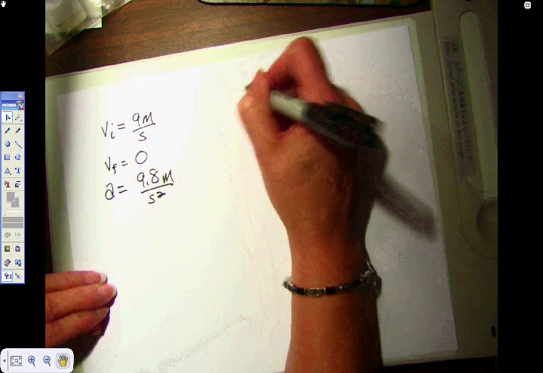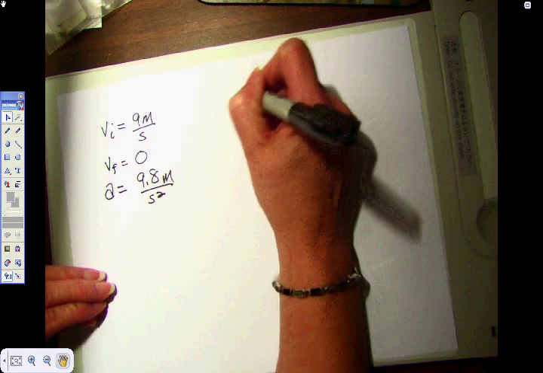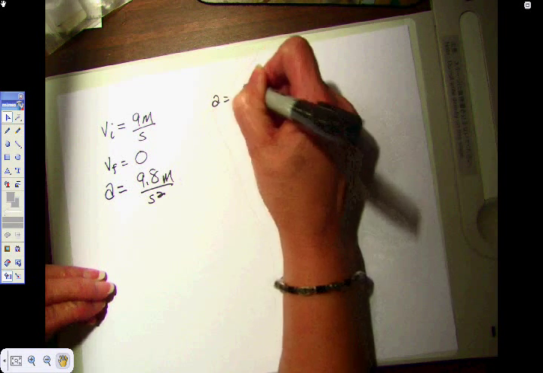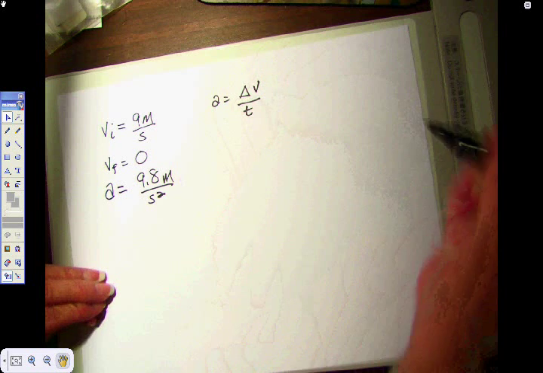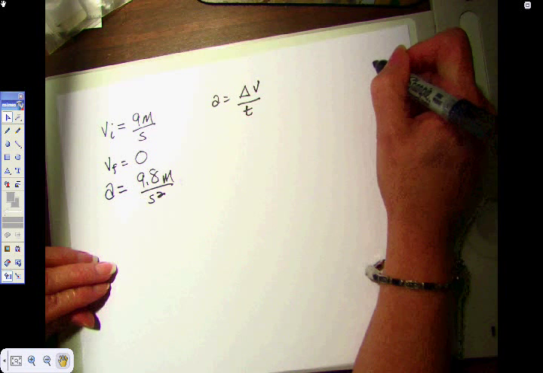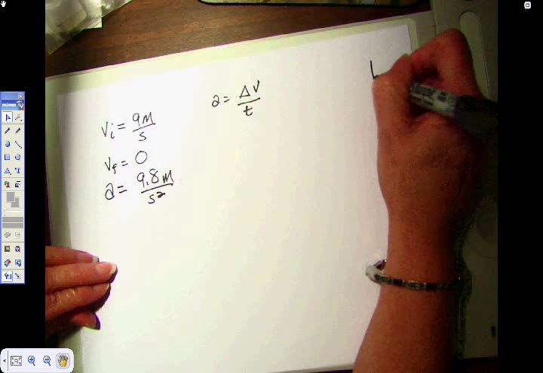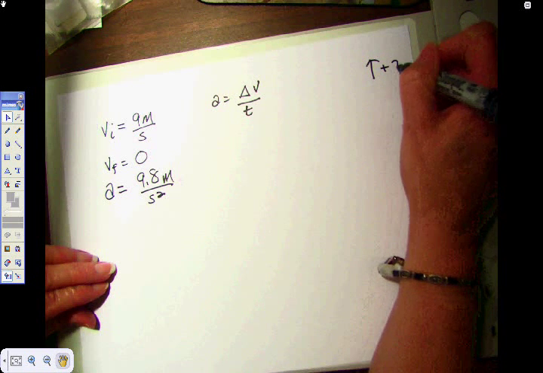Okay? All right. Now, our easiest equation here is that acceleration is the change in velocity over time. Now, let's just make the acceleration positive in this case.